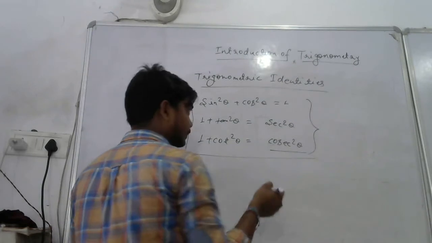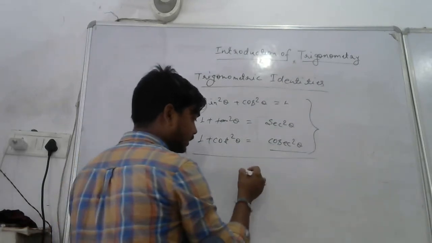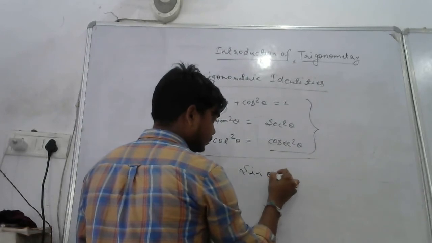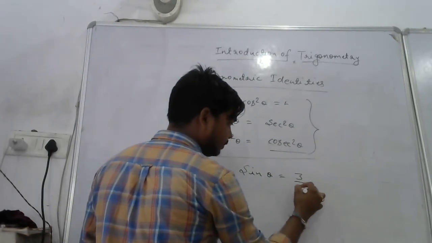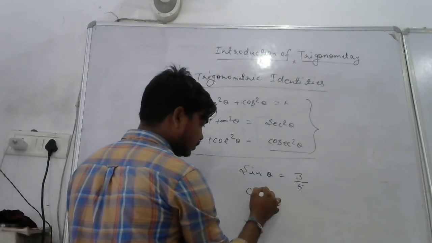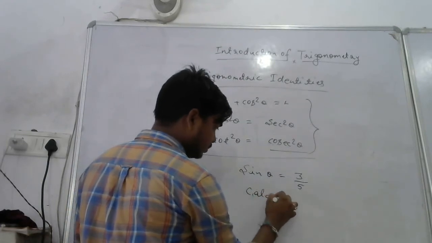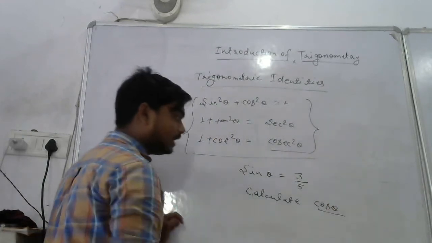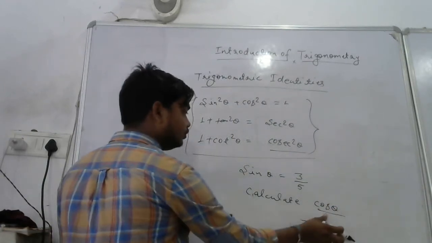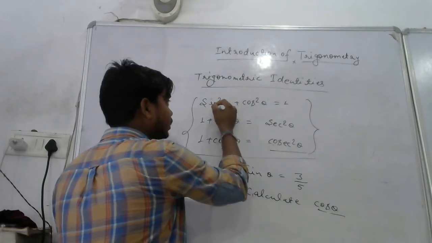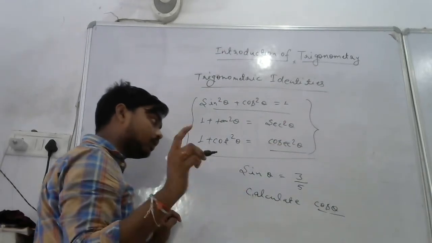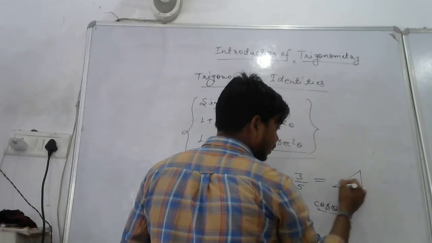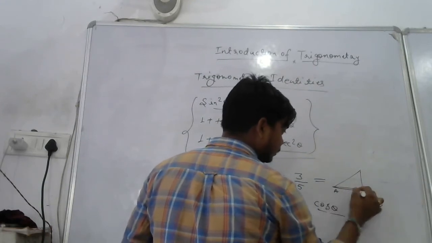Okay. Suppose it is given that sin theta equals 3 by 5, and we have to calculate cos theta. We can easily calculate it using the identity method. We can also calculate it using the right angle triangle method.